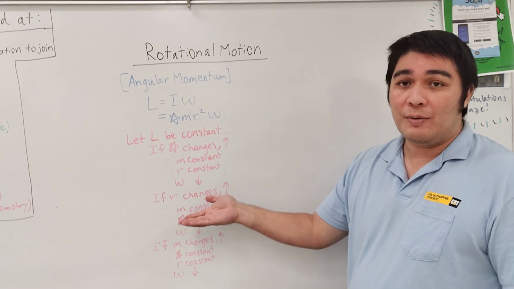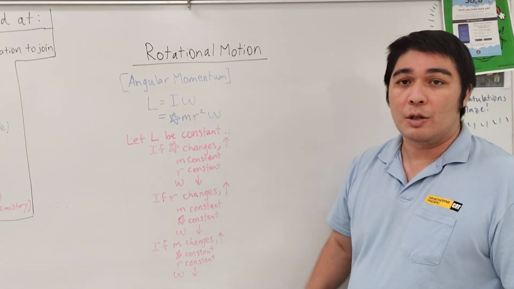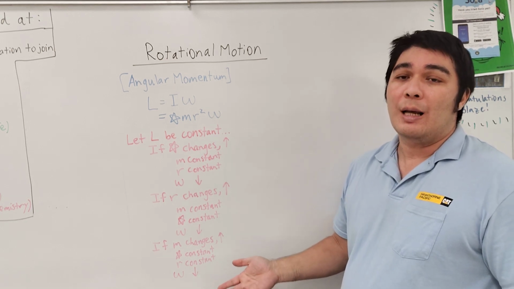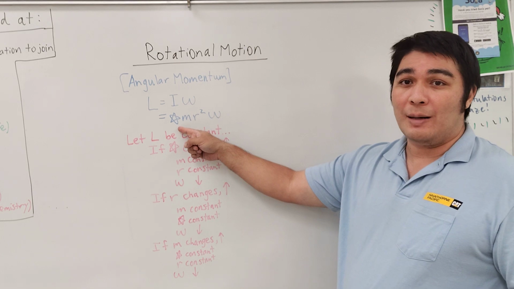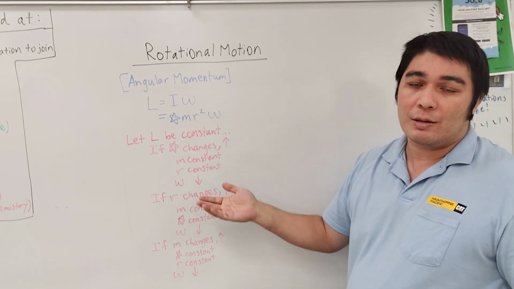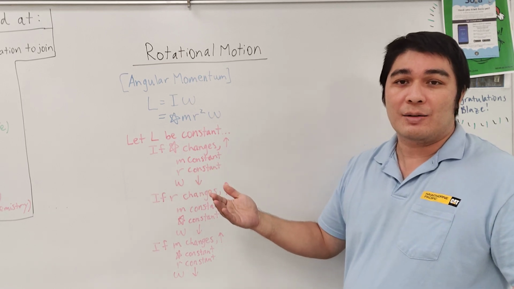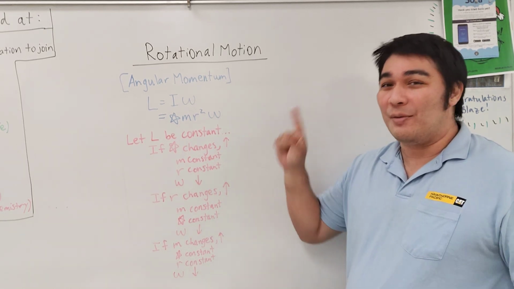So in the introductory video, we already went over L equals I omega, which is the normal angular momentum equation. We also went over, in the last video, I, which is given by my star mr squared, which is, again, like I said in the last couple videos, don't worry about it. It's something that only I've invented.